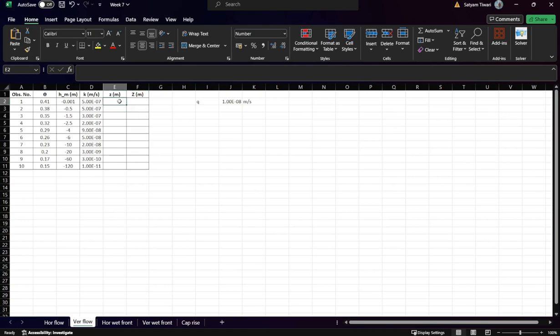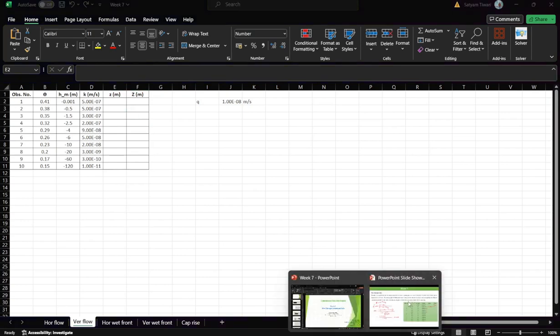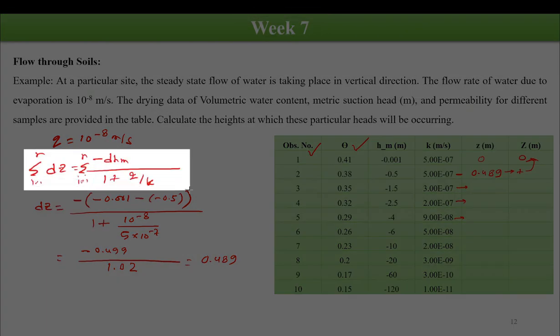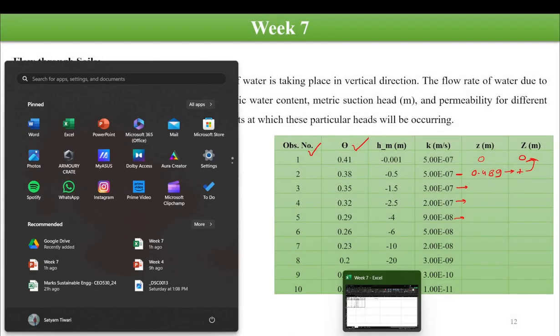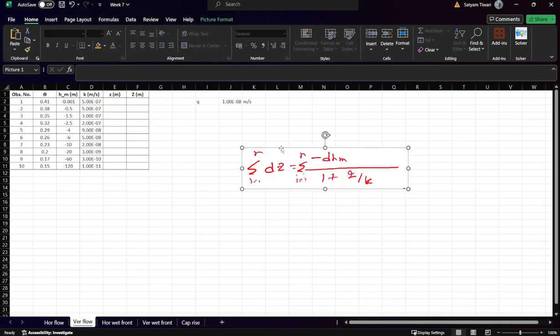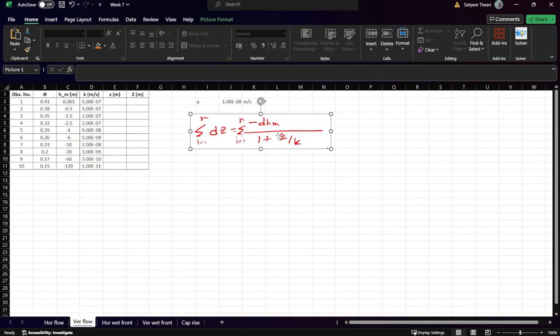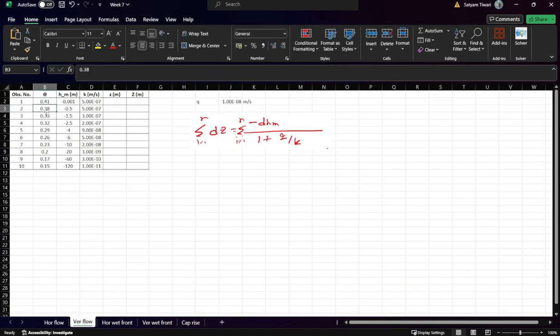Okay. And the formulation we need to take from here, this one. Okay, now we can do that here. So the values of theta are 0.41, 0.38, 0.35, 0.32, and so on. And the values of hm are provided here.